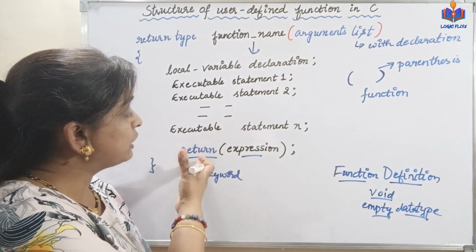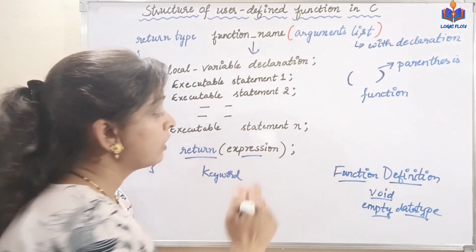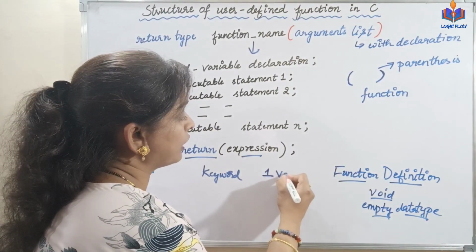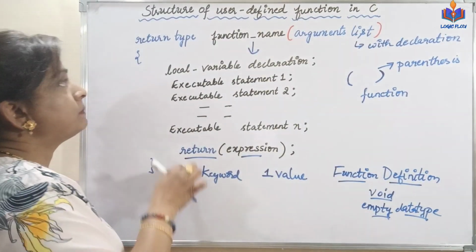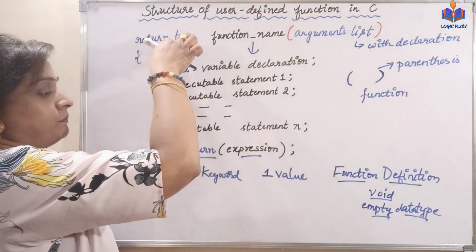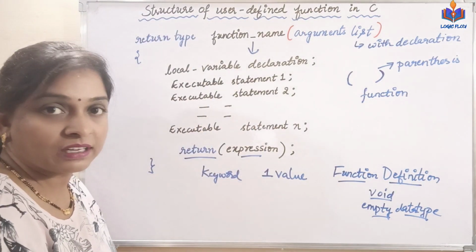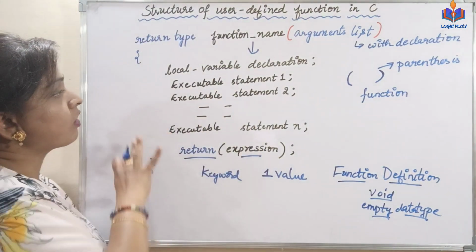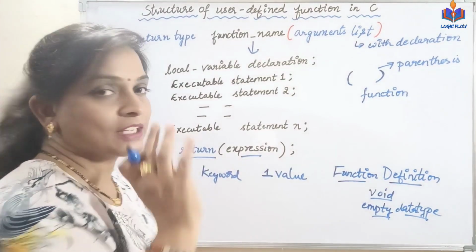And how many values can this return statement return? It can return only one value. And that return type will match this return type. So if I am returning an integer value, then this return type will be integer. Like that. So this is the function definition, or what we call the structure of a function.